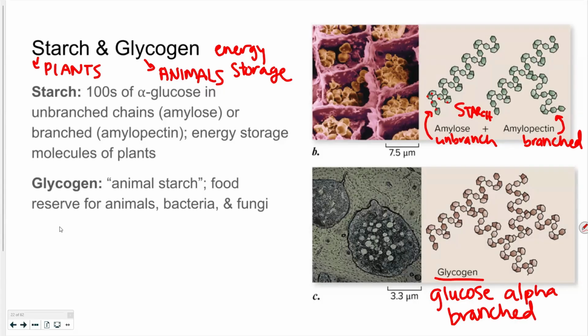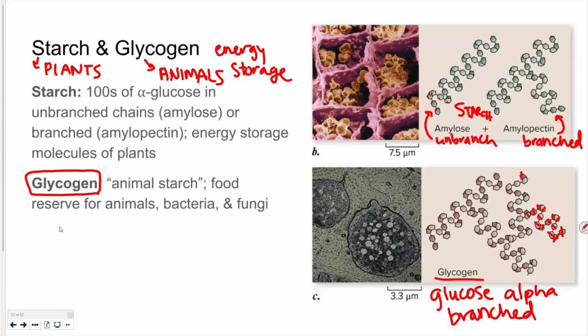And if you've ever heard of marathoners hitting the wall, that's because they've depleted their sources of glycogen and they have to go and use their fat reserves. So they've been breaking down all of these molecules using those glucose molecules to produce energy.